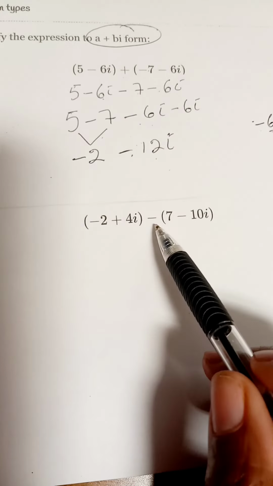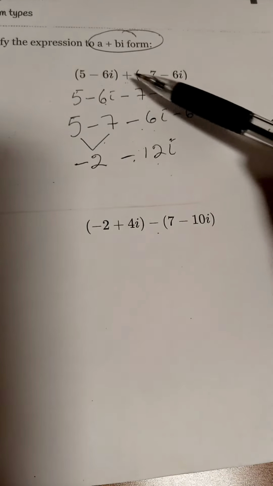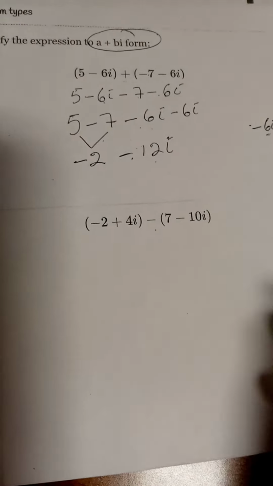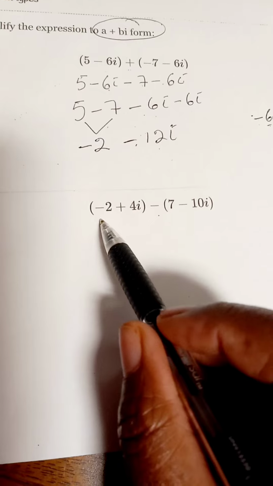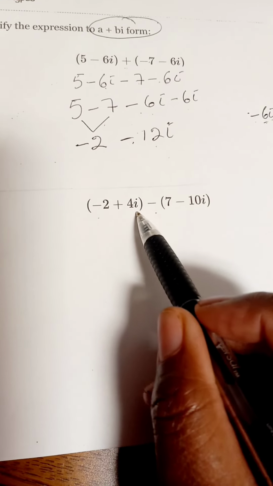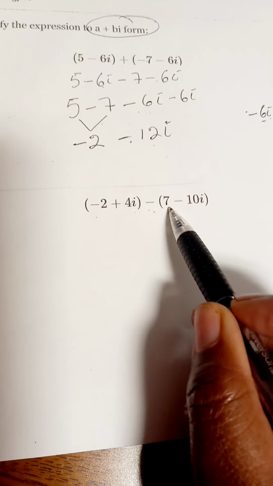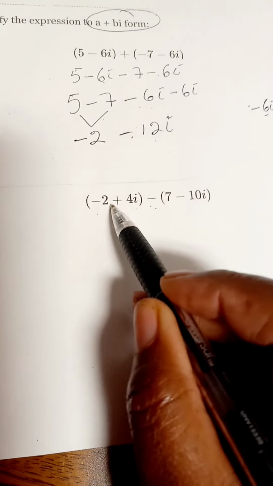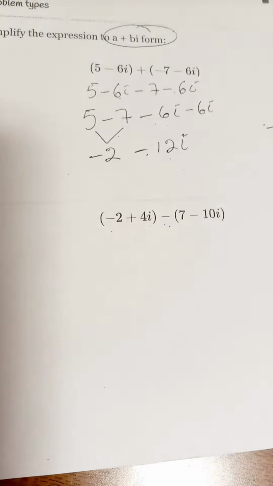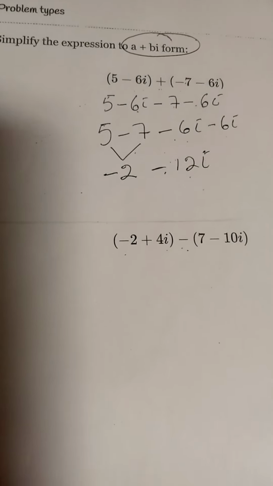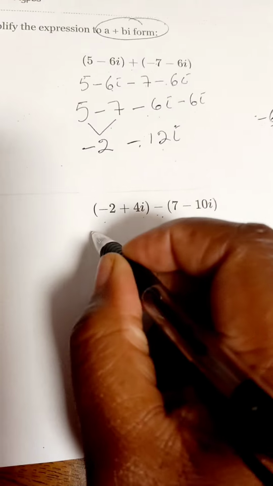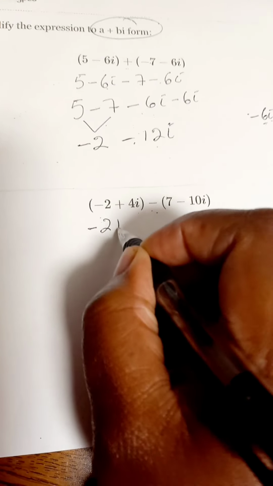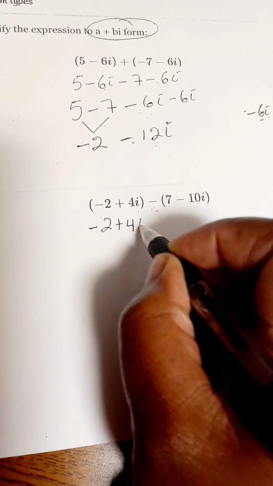Okay, so let's look at our second one. The second one is a little bit different. Before, we just removed the parentheses, but in the second one we have some work to do. So let's go ahead with the problem. It is negative 2 plus 4i minus, in parentheses, 7 minus 10i. So I'm going to remove the parentheses from the first one, and I'm going to get minus 2 plus 4i.